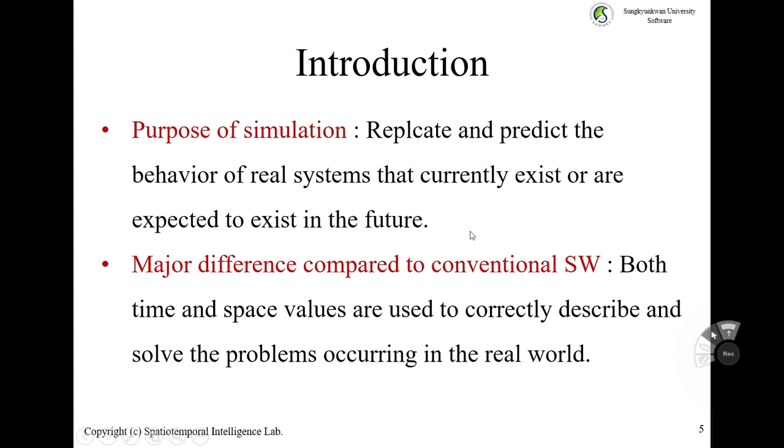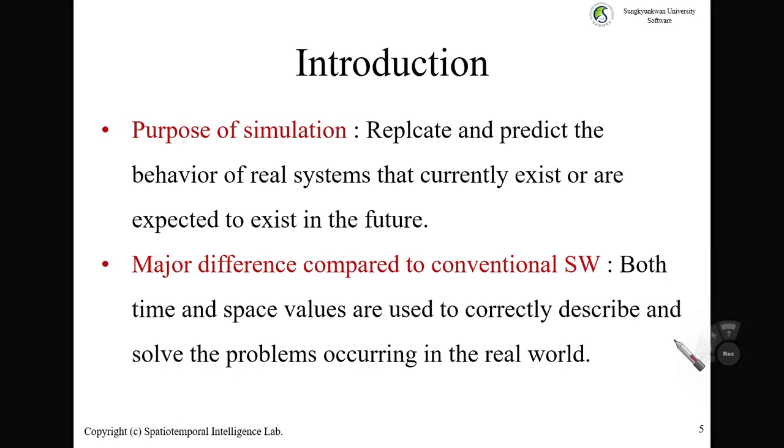So if it is a future system, what is this about? Okay. If it's some future system, it is something we are currently designing. Okay. In designing the system, there are two aspects that we have to consider.